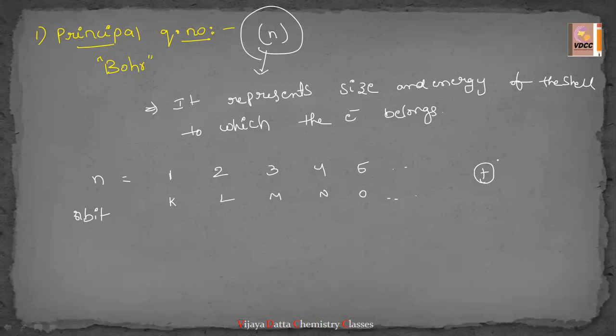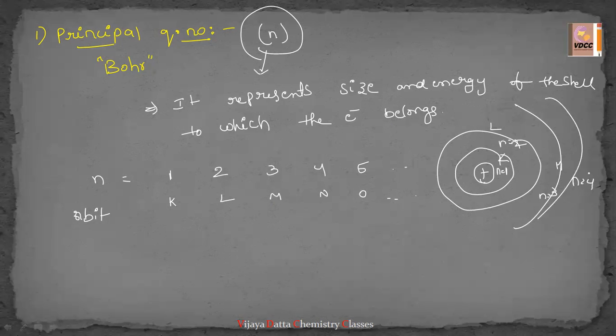Actually, it is the nucleus, then these are the orbits. When n equals 1, first orbit, that is K shell or K orbit. N equals 2, second shell, then L shell. N equals 3, M shell. N equals 4, N shell, we designate it with capital N, like that.